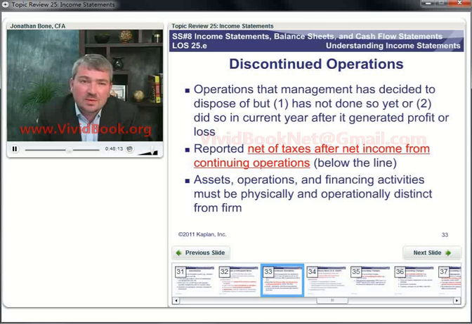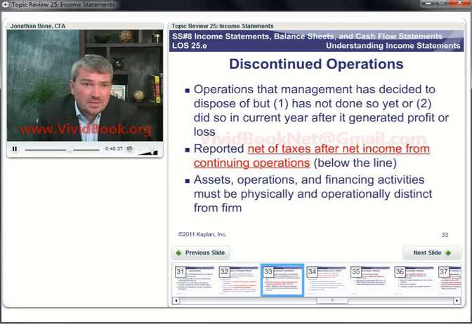As a result, we want to keep its operating results, i.e. its sales, its cost of goods sold, its gross profit, its sales general and admin, its operating profit, etc., distinct from the continuing operations of our business. So all we do therefore is show the net result of this division, i.e. its profit, as a separate item, so it doesn't get included with the continuing operations of the business.